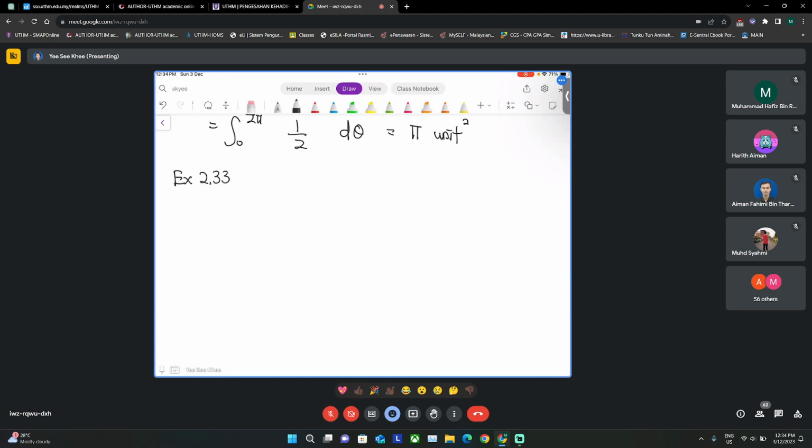Example 2.33, page 91. Look at question A. How to convert. Given this one, the upper limit is the square root of 9 minus x squared.